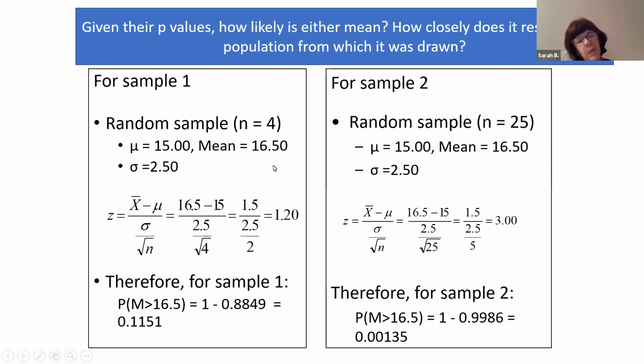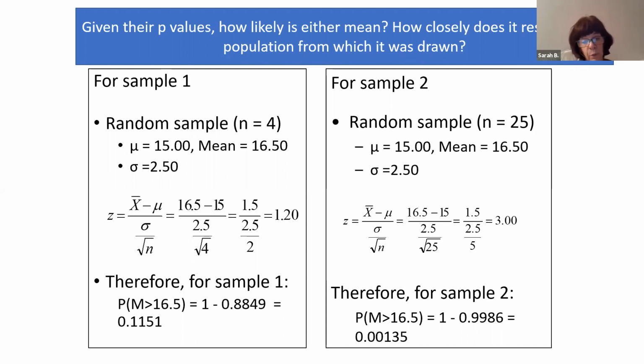So you say, well, my population mean is 15. My sample mean is 16.5. I've only drawn 4 cases. How likely is it that I would get that? You don't really state the likelihood as exactly at a value, because remember, in a continuous distribution the intervals are infinitesimally divisible, so we can't really say at.